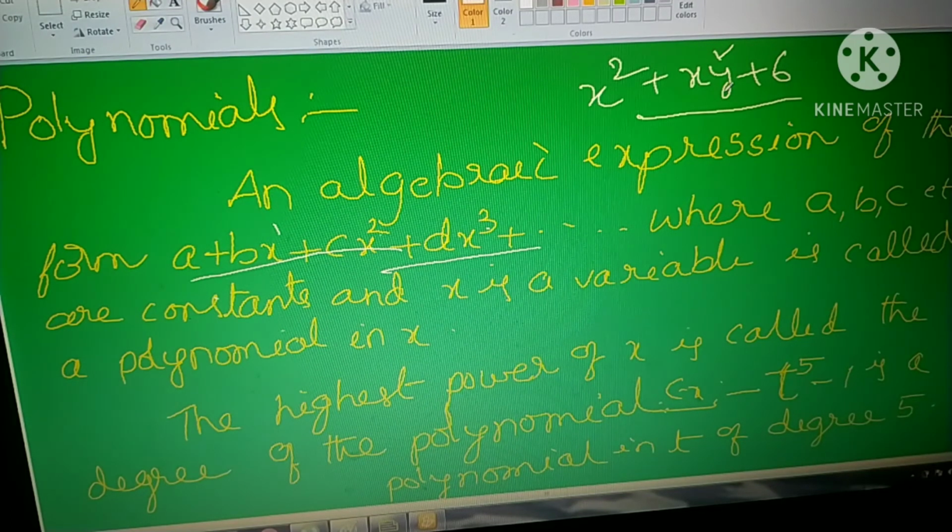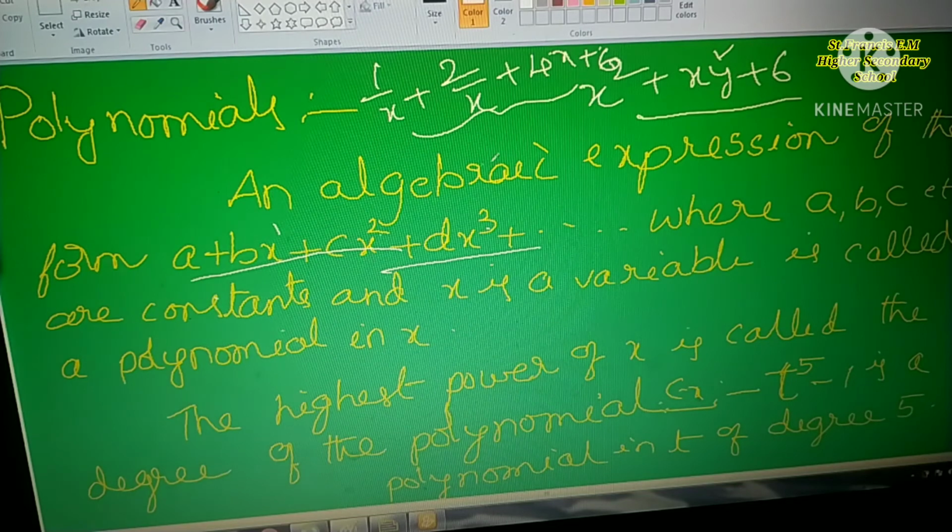What is a polynomial here? Algebraic expressions in the form of a plus bx plus cx square, where the powers must be in increasing order. Remember that one. Now, if you get algebraic expressions like 1 by x plus 2 by x plus 4x and 6, these will not come under polynomials.